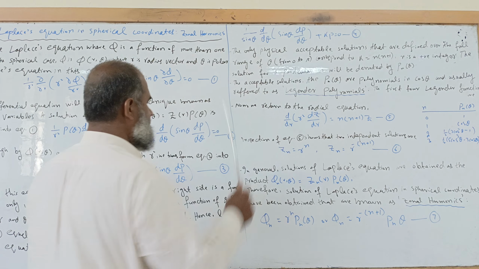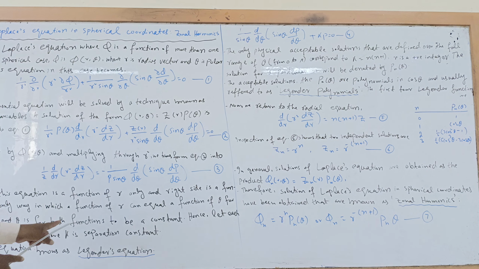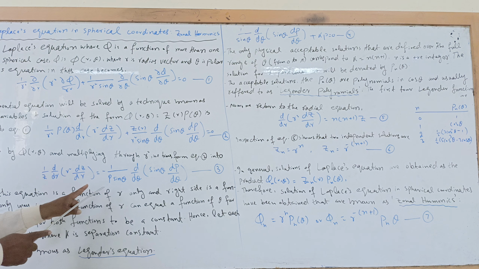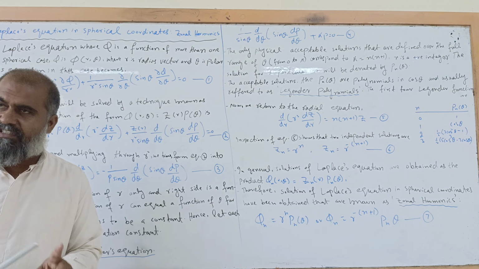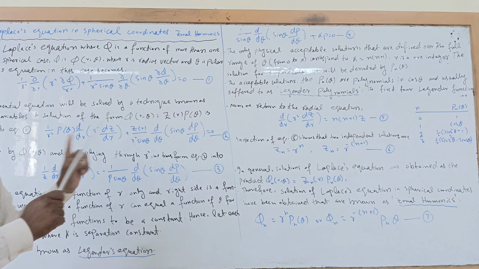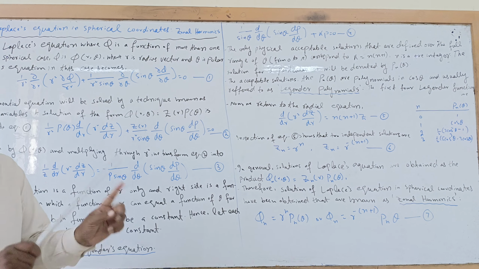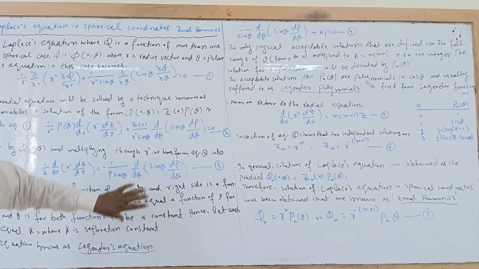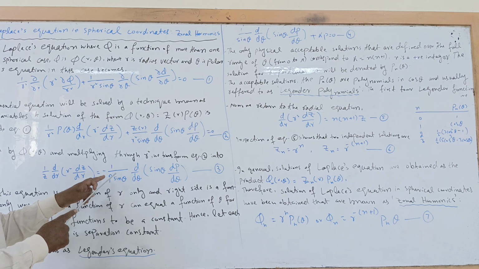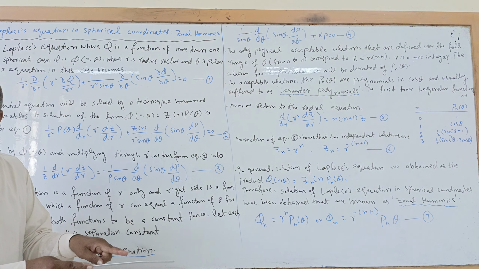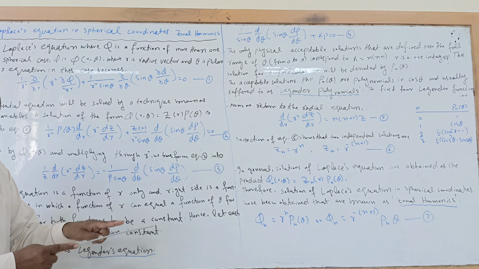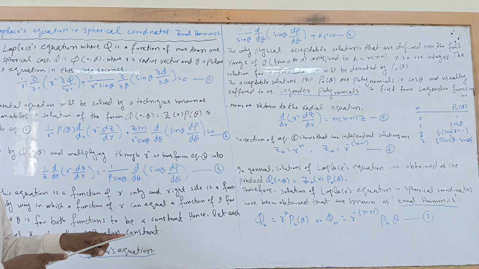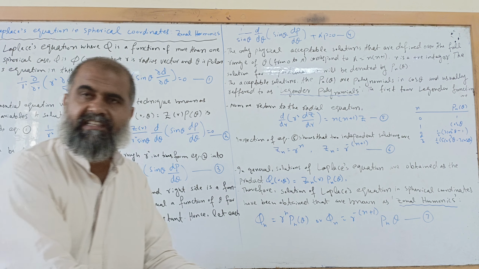Why this term? Because we assign a constant equal to both sides. That constant is k. So we placed this expression equal to k, and P was multiplied with that k.